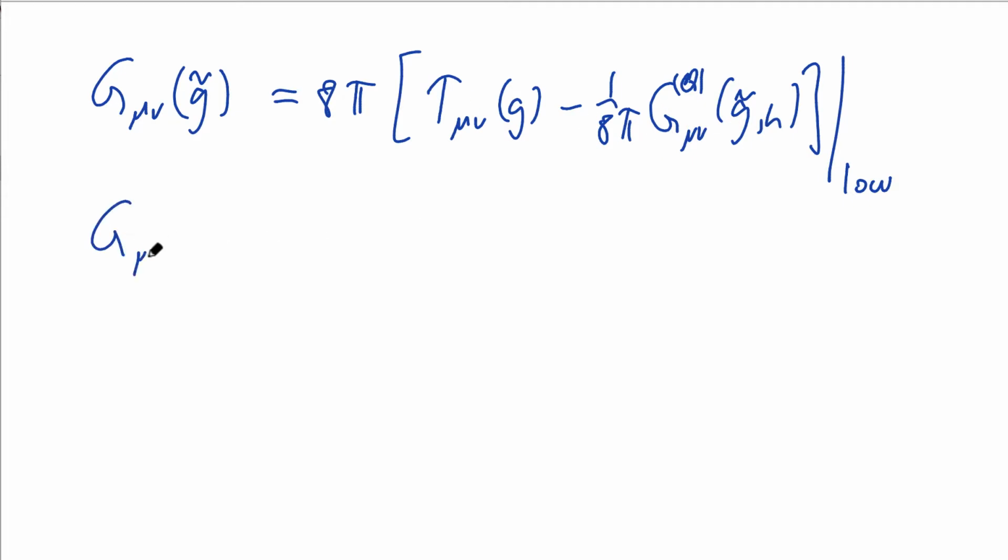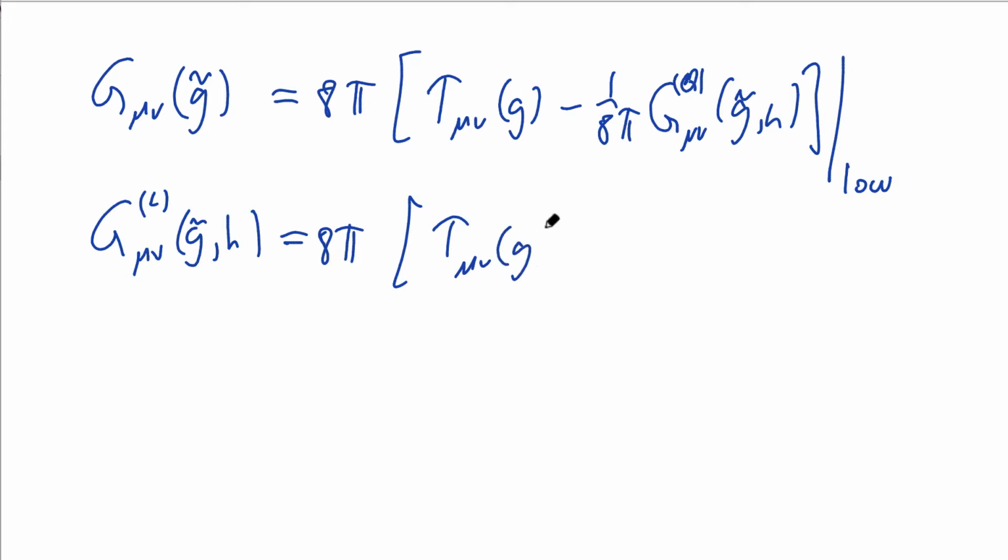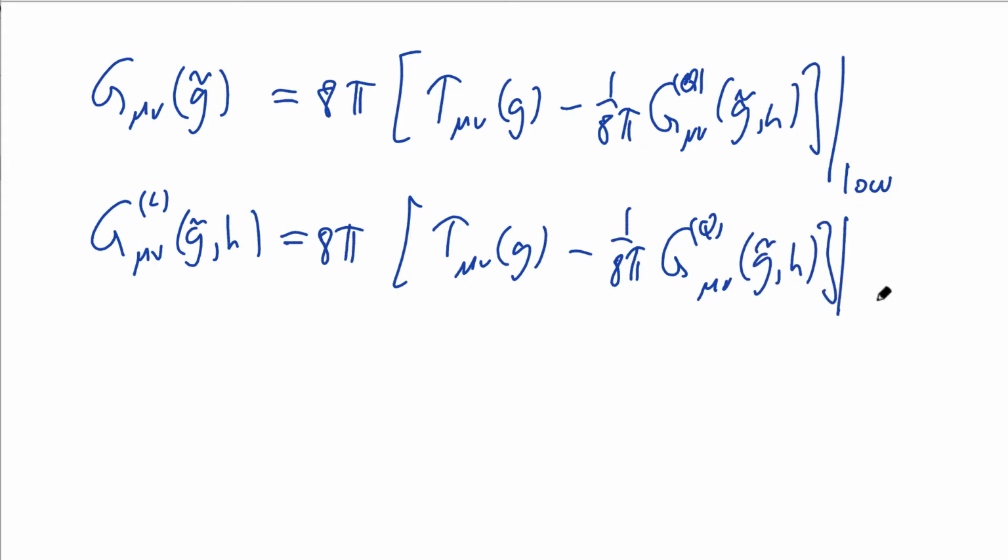And the other equation is the linearized Einstein tensor equals 8 pi times T mu nu minus 1 over 8 pi GQ, and we extract the high frequency part.